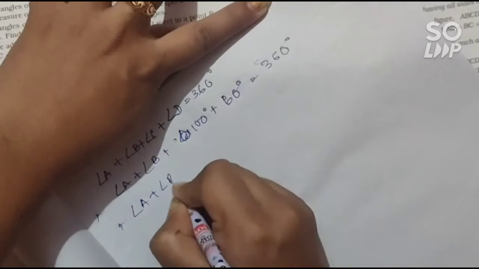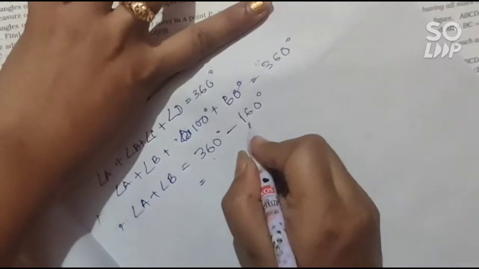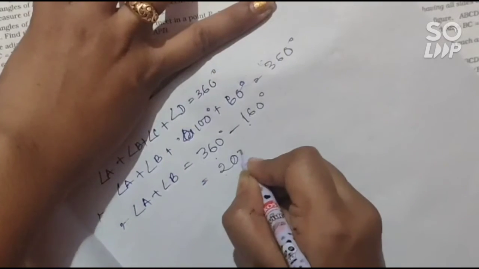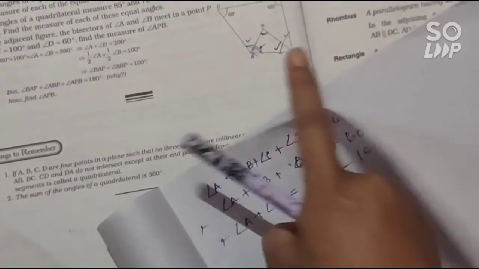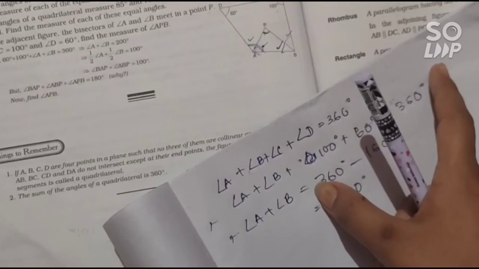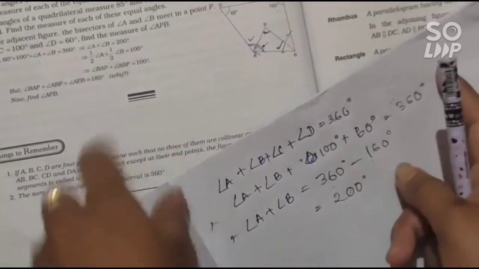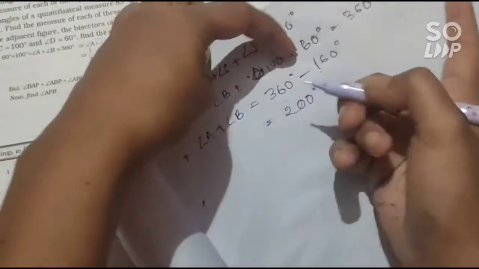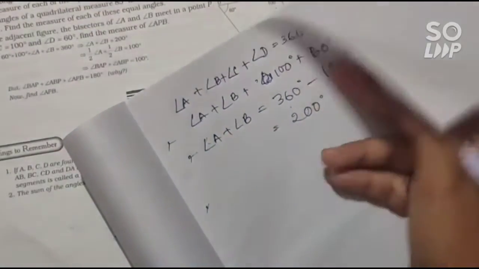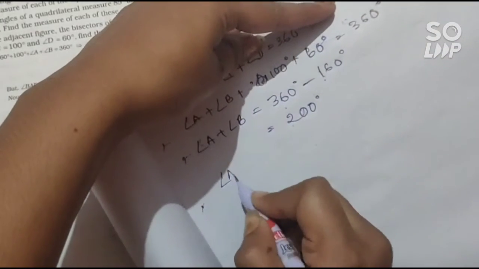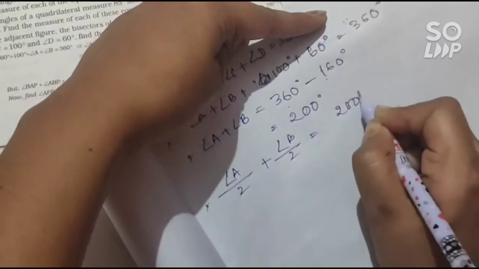If you shift from left to right, this will give minus. And 360 minus 160 gives 200 degree for angle A plus angle B. And you know that AP is the bisector of angle A. So if we write it this way, angle A divided by 2, angle B divided by 2, 200 degree divided by 2.